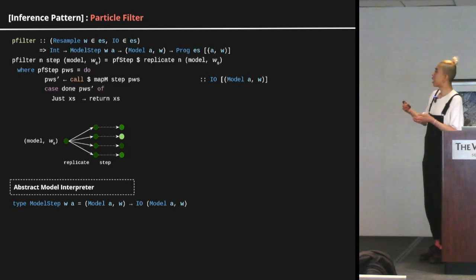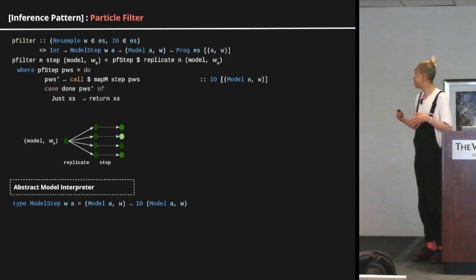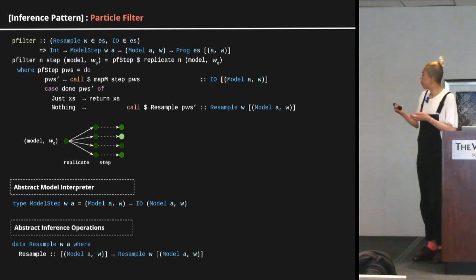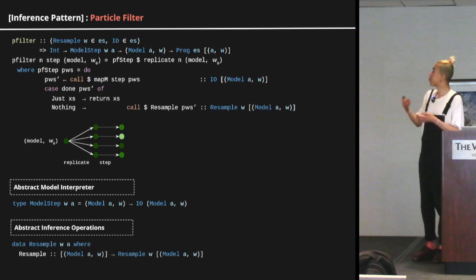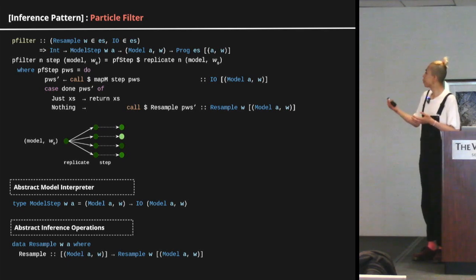Next, we'll check if all of our particles have finished executing. If they have, then great, we can return their results. Otherwise, we'll call resample on them. The goal of resampling is to filter out particles that are less likely.